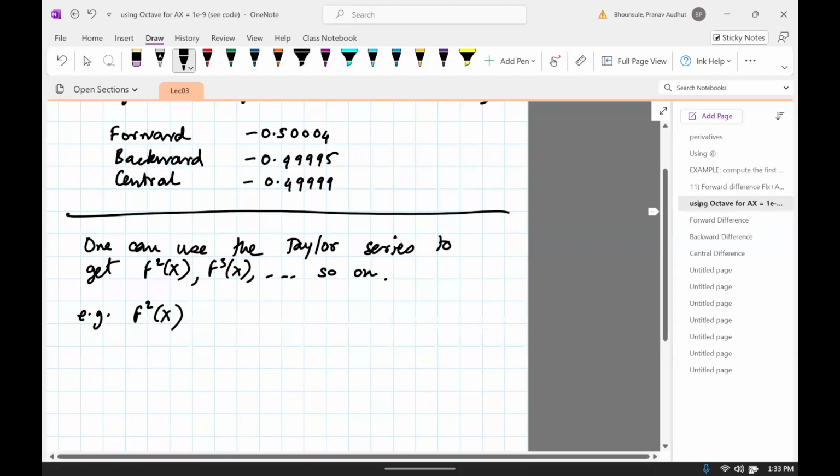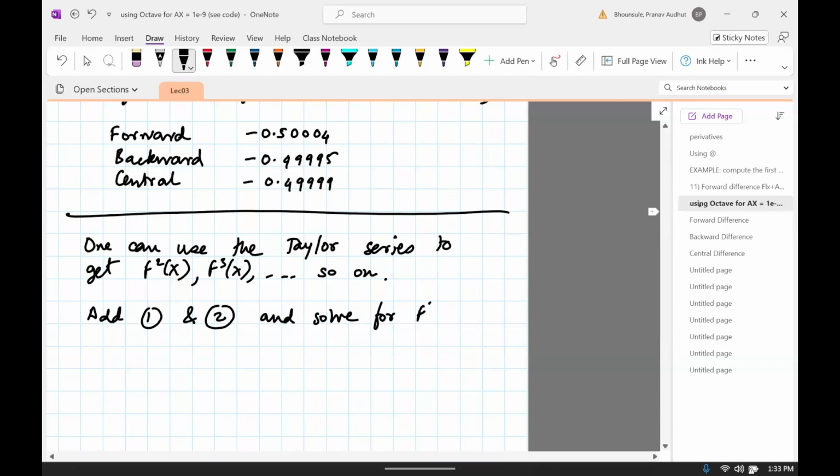What I did was I added 1 and 2 and solved for f2x.